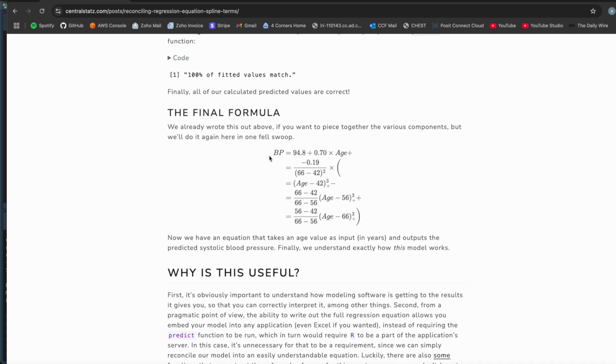With one parameter extra in our model and wanting to allow for our simple linear regression model to find some sort of curvature, we added this much complexity to it. But the nice thing here is this is all just simple math calculation, and so I just need to plug in my age value in years into this formula, and I'm going to correctly get the appropriate predicted blood pressure. So now I can take this formula and easily embed it in whatever tool I want.